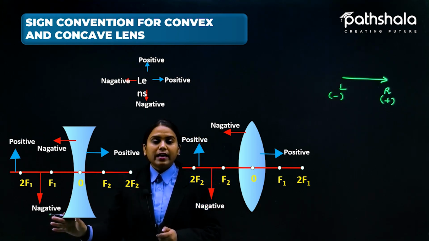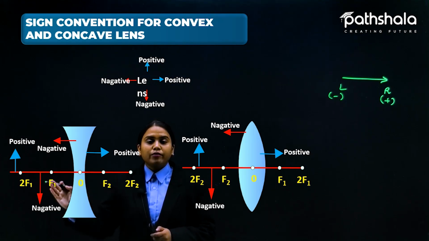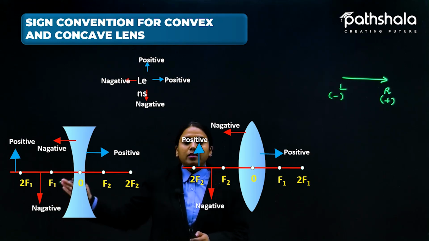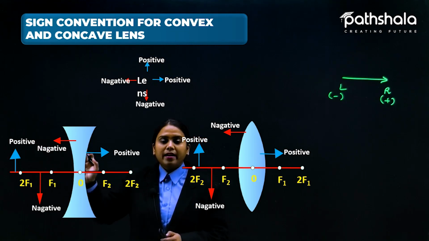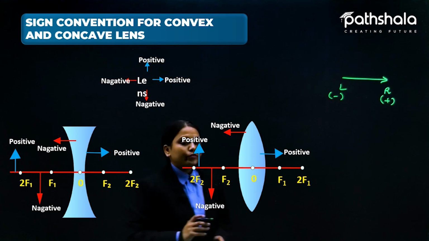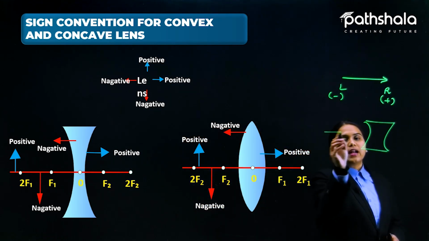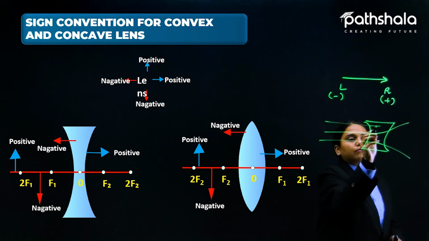Now concave lens, as you can see, we are having an optical center and the focus one, because here the rays that are coming parallel to the principal axis are going to diverge like this. So we can say that the rays are coming from the back side of the lens.